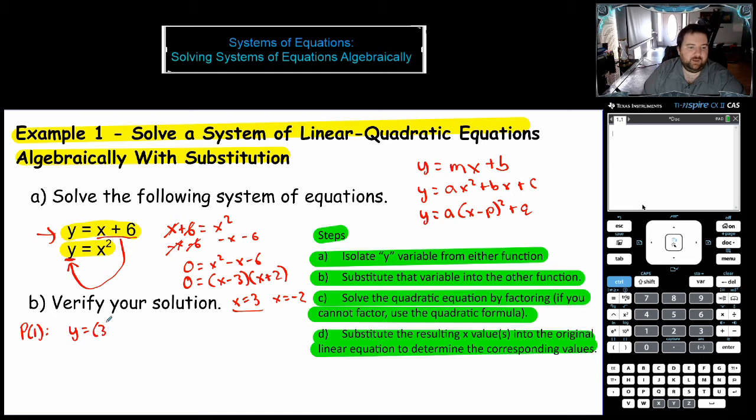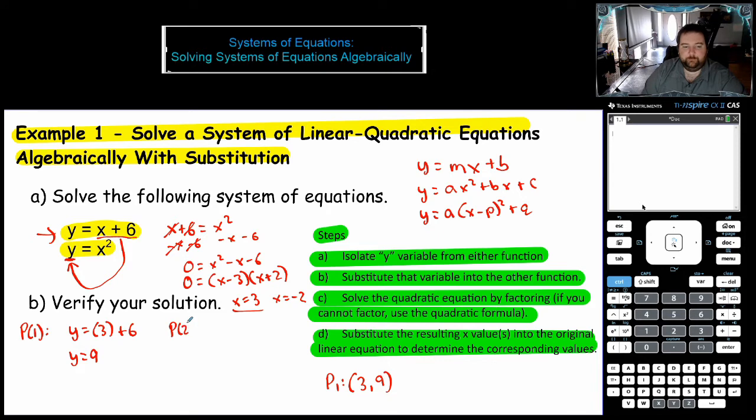So we're going to plug in 3 for our x value plus 6. And this gives us a y value of 9. Now we have our first solution. That solution, P1, had an x value of 3 and a y value of 9.